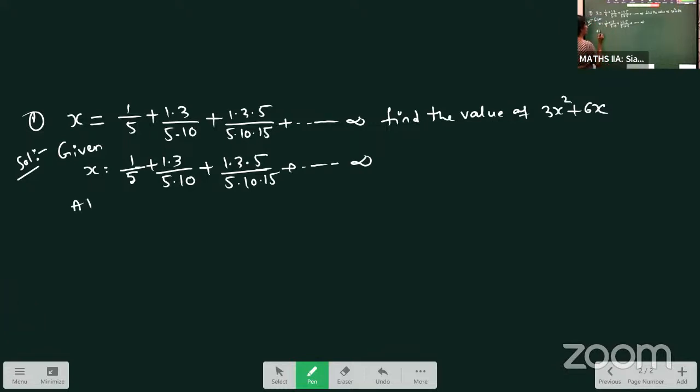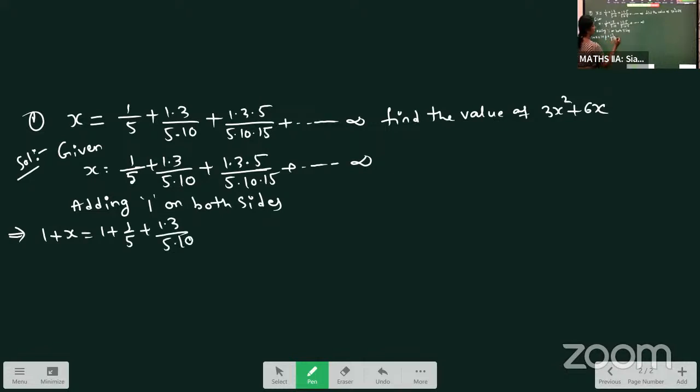So adding 1 on both sides, this becomes 1 plus x is equal to 1 plus 1 by 5 plus (1 into 3) by (5 into 10) plus (1 into 3 into 5) by (5 into 10 into 15) plus so on up to infinity.